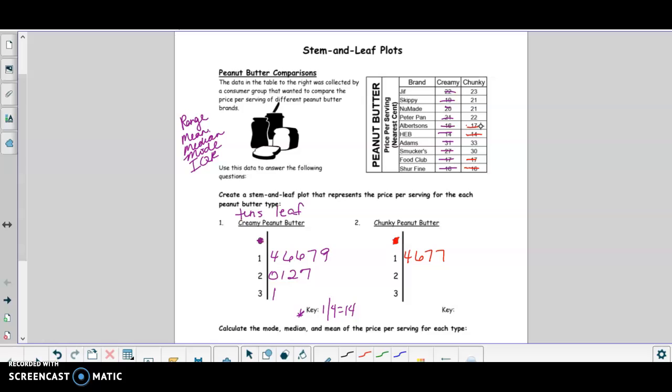And I can go to my 20s. So I have a stem of 2. I have 21, 21. Make sure you're putting repeats. 22 because it counts as a piece of data. 23. And then I have my 30s, so I have 0 for 30, and then I have 33. And then you can pick any of those to be your key. So 2 line 2 is going to be 22.